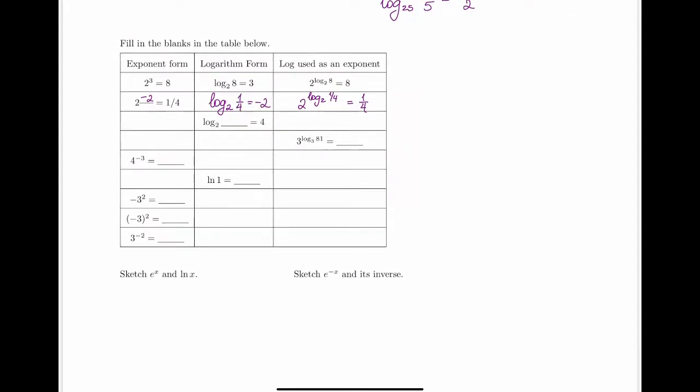I'm going to skip the next row and I'm going to look at this one. So this expression right here says I'm raising 3 to the power of log base 3 of 81. So I'm raising 3 to the power of the logarithm that is required to raise 3 to get 81. So raising 3 to the required power to get 81, I'm going to get 81. Okay?